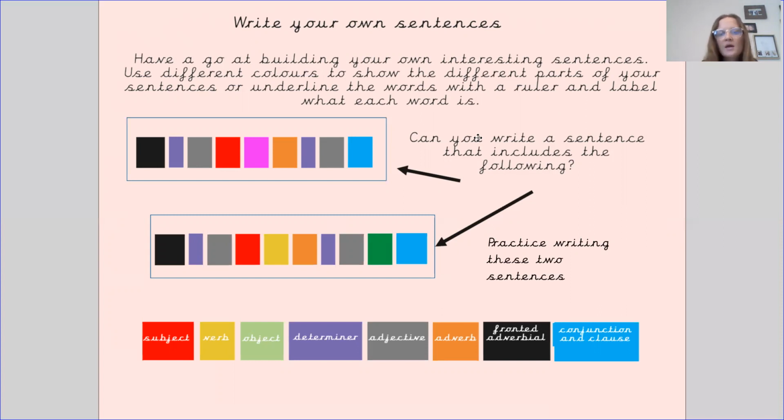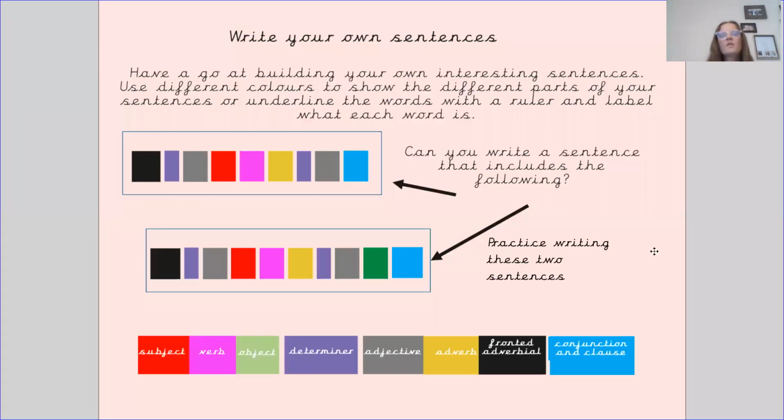Your gray was your adjectives, your red was your subject, your pink was your verb, and I think we've missed that one. That should be pink in this one. Sorry, just needed to correct something.